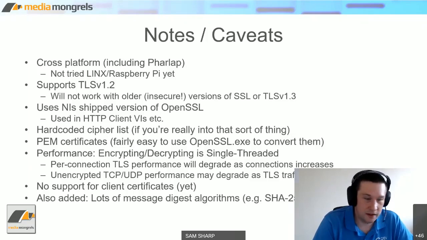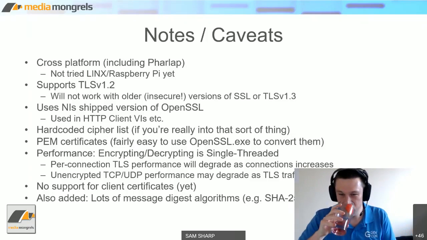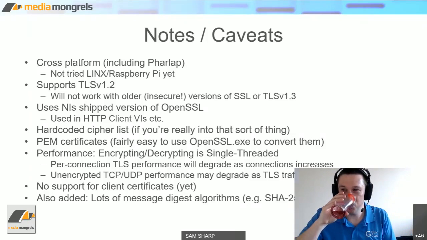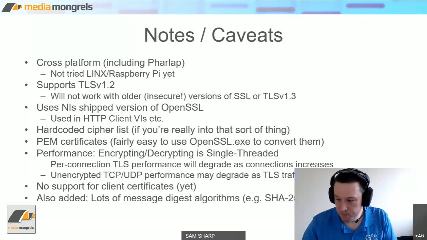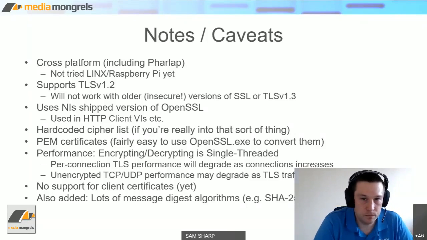Any comments on that? I had a couple of comments. Okay, great. The performance issues do sound kind of scary. They were known in development, and we're actively looking at ways of mitigating or fixing them going forward.